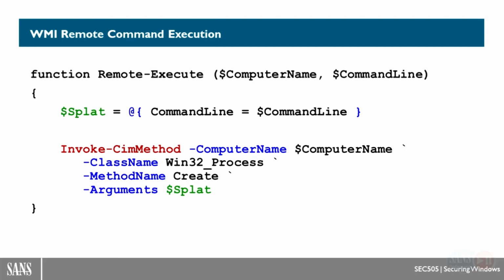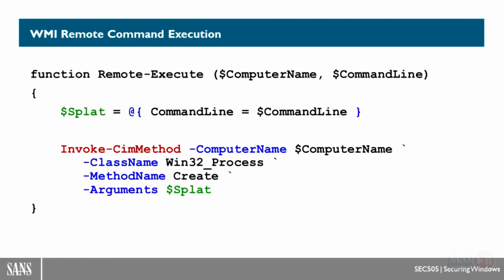So we invoke the Create method on the process class, and using the splatting technique, we pass in our hash table of parameters and arguments. In this case, it's just the command line that we want executed. Now, the WMI service on the remote machine impersonates us and launches the process as us, as the user account that we are using to authenticate to the machine. So if you authenticated as Alice or Bob, then the process is created with that account on the remote machine.